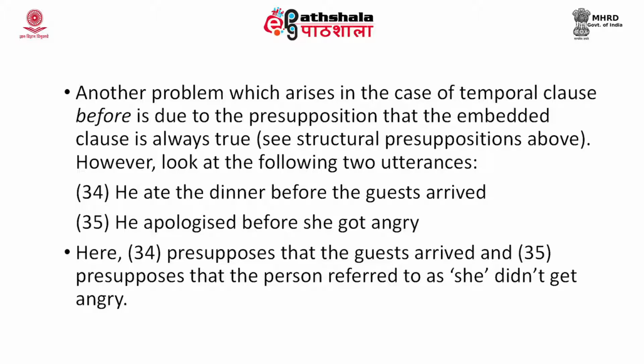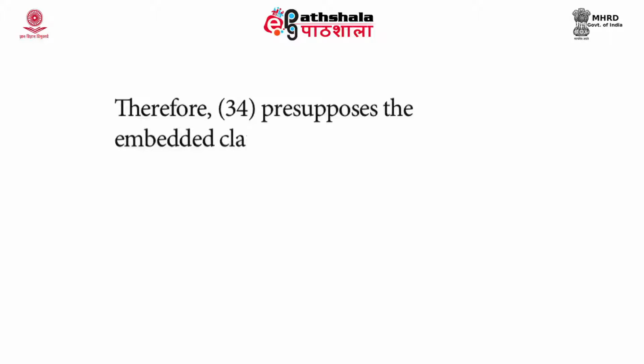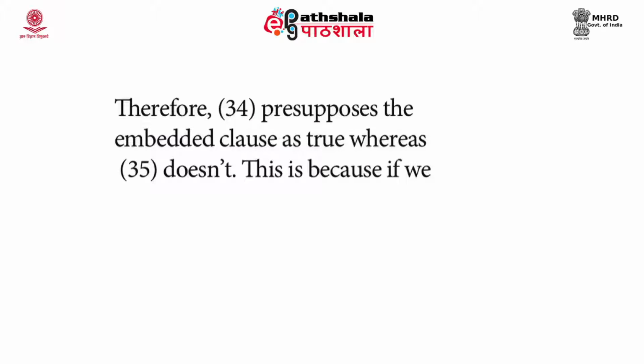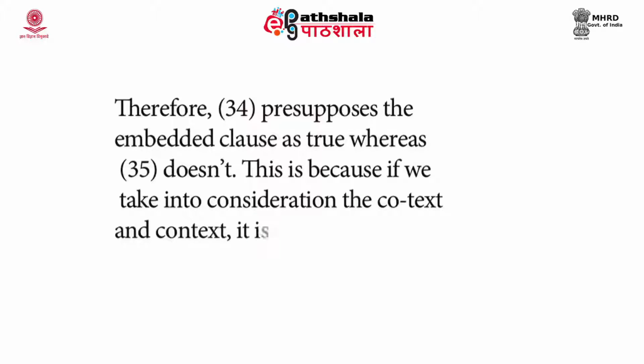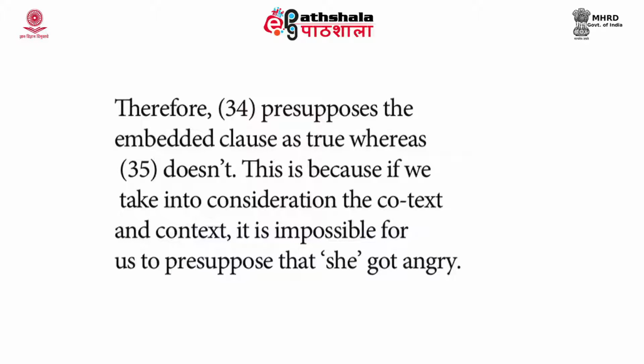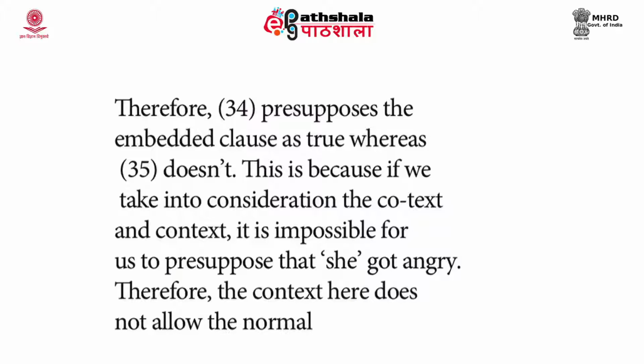Here, the sentence, she ate the dinner before the guests arrived, presupposes that the guests arrived, and the sentence, she apologized before she got angry, presupposes that the person referred to as she didn't get angry. Take into consideration the co-texts and context. It is impossible for us to presuppose that she got angry. Therefore, the context here does not allow the normal pattern of interpretation.